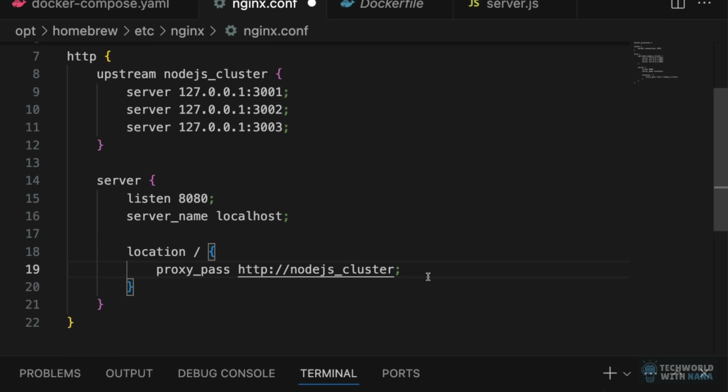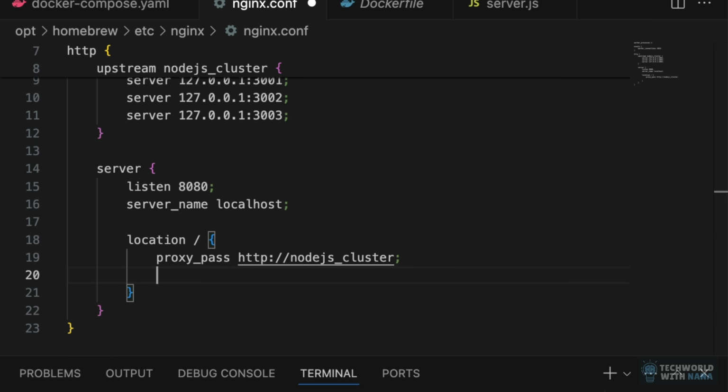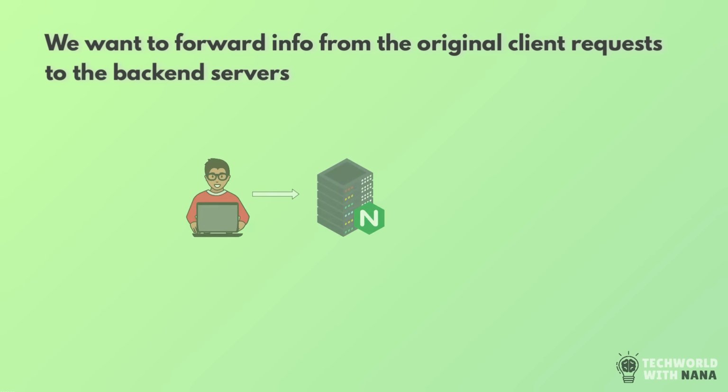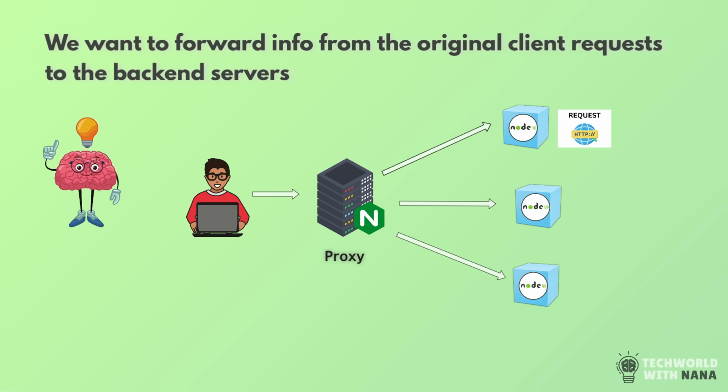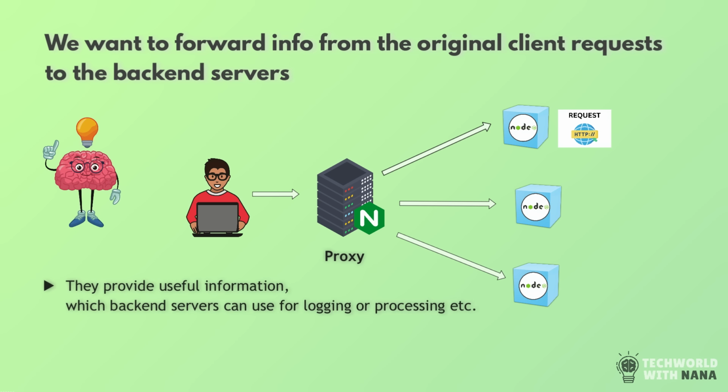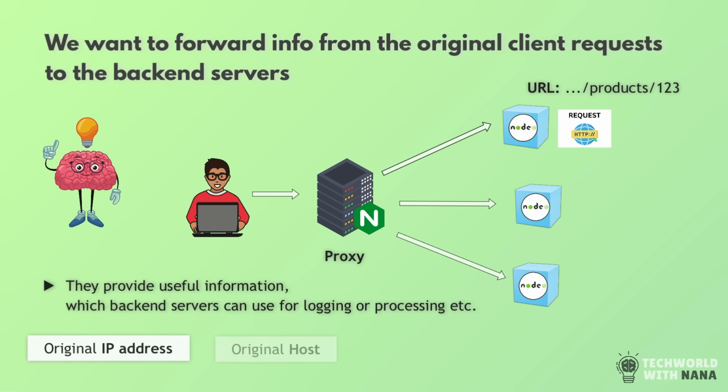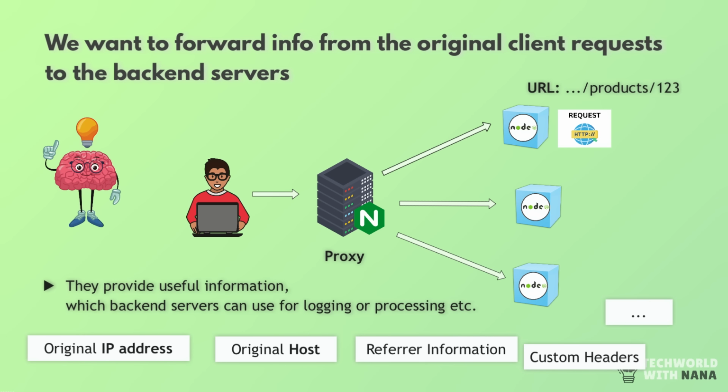Then we have a couple of more important configurations of a proxy. The first one is when Nginx gets a request from the client, we want Nginx to actually forward the requested URL, whatever URL the client actually requested, to the backend servers. So the Node.js applications or the backend applications can actually see the original request from the client, like which domain, which subdomain, which URL path was requested, and so on.